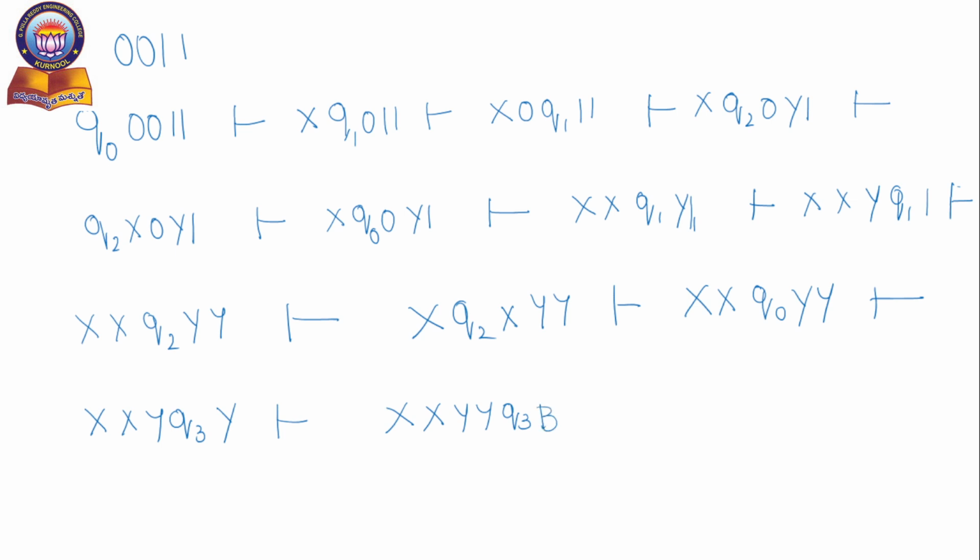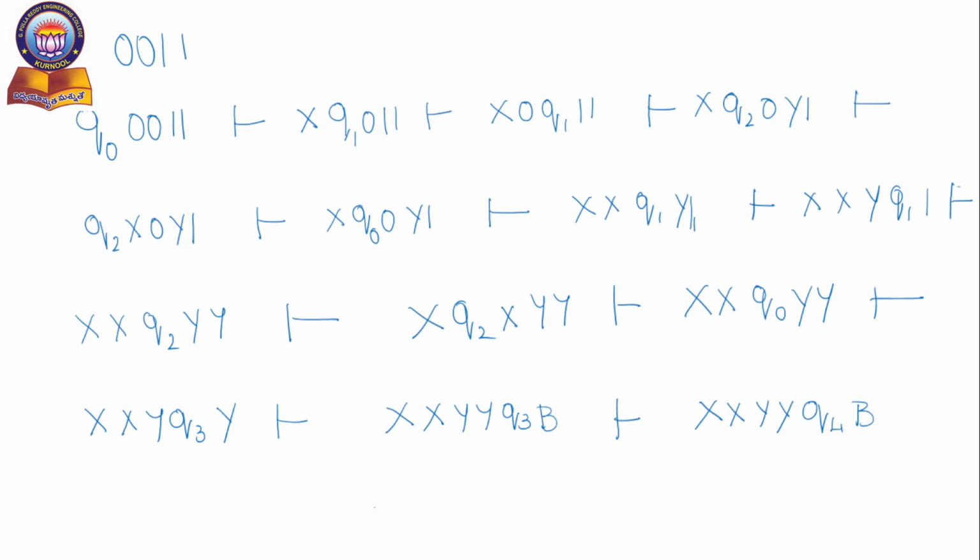After the Y is read, the next symbol encountered for Q3 is the blank symbol. By reading the blank symbol, our Q3 changes to the Q4 state and will move and stop. So the machine halts by entering into the final state Q4.